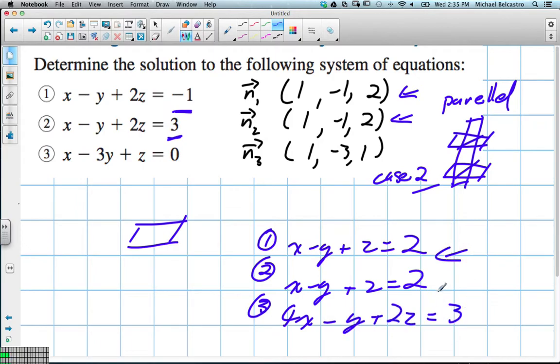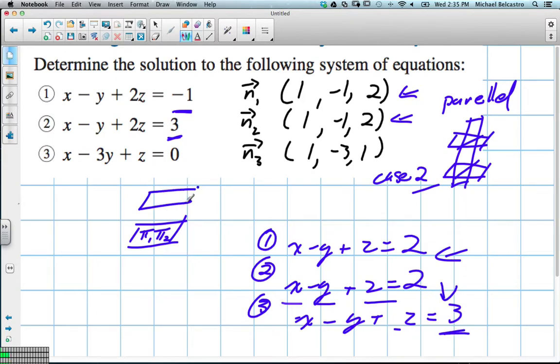Right here, these are identical planes, so that'd be plane 1 and plane 2 all in one space. Oh, sorry, this one has to be parallel to it. So we have the normals, again, all being the same, but this one not being coincident, so we have a third plane on top. And I think that's case 4.